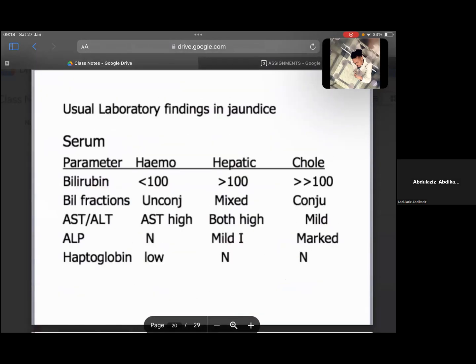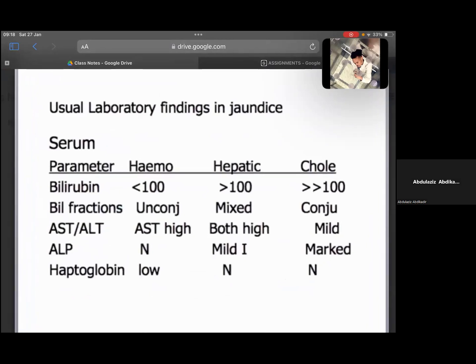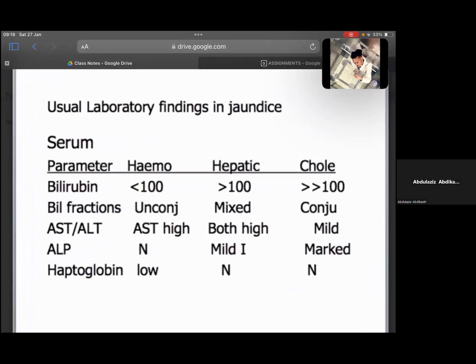This, I want you guys to focus on in this table. I want you to look at the second point under the parameters, the bilirubin fractions for the hemolytic, for the hepatic, and the cholestasis. That is the pre-hepatic, hepatic, and post-hepatic. Look at the bilirubin fractions.